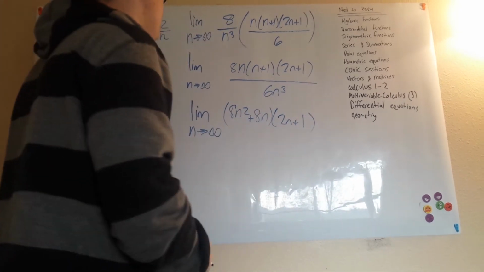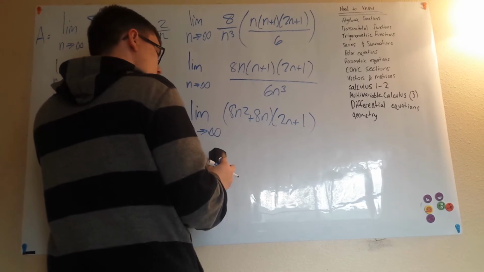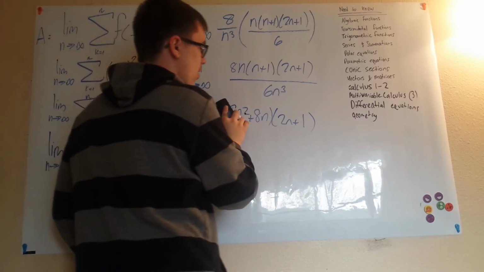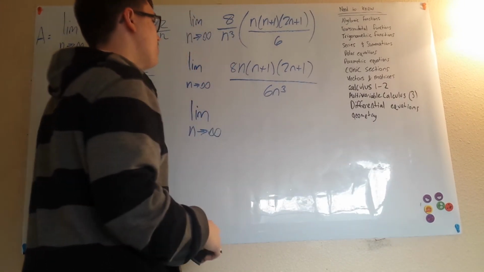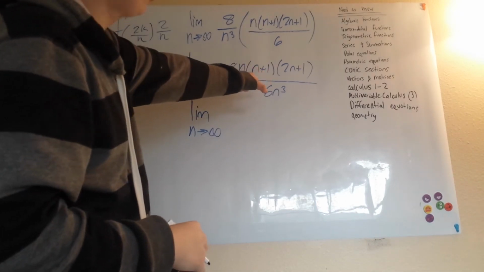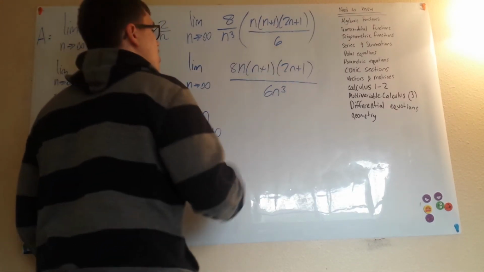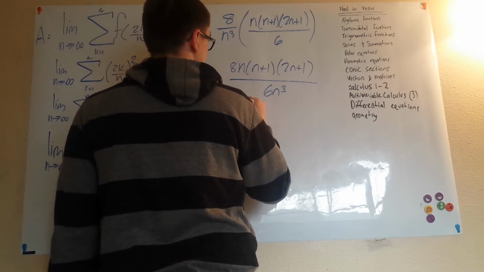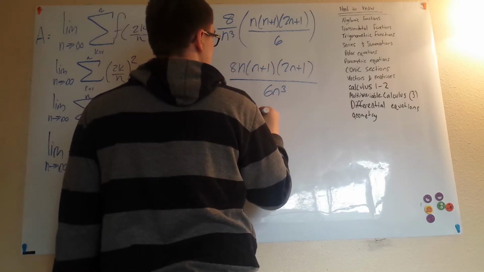Well, what is that going to be? That's going to be 8n squared times 2n, so that's 16n to the third.